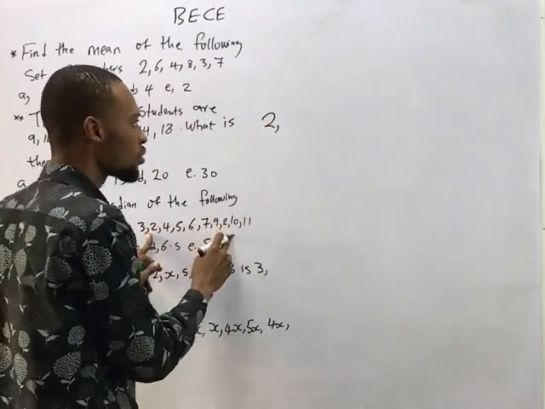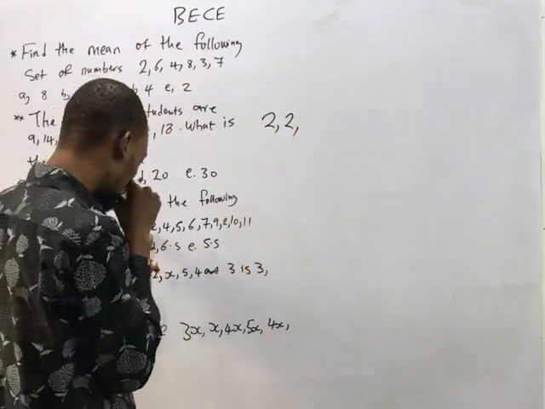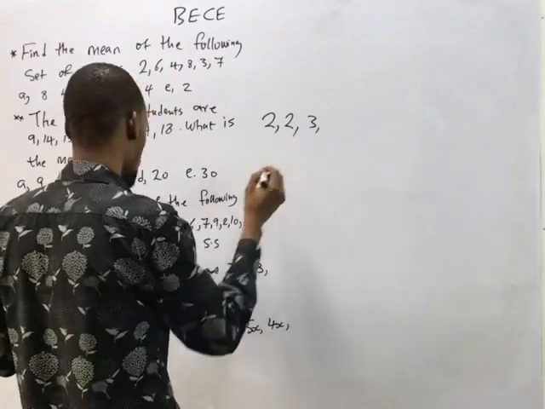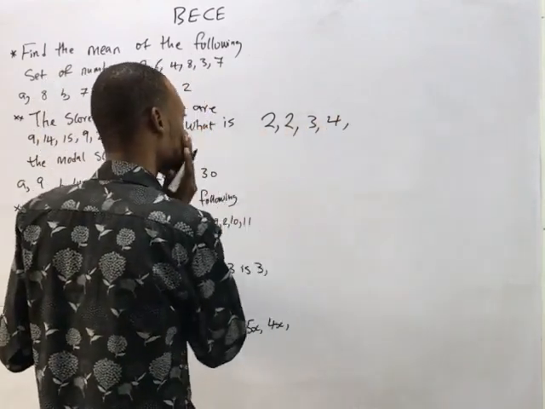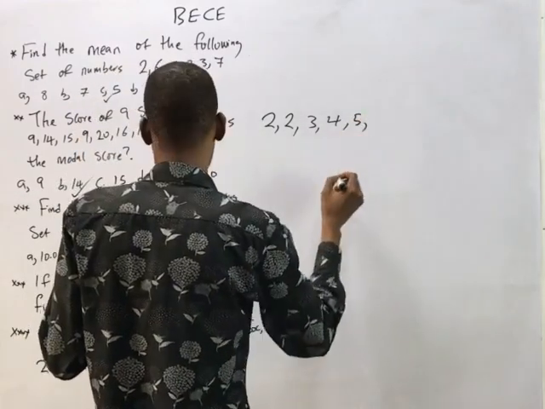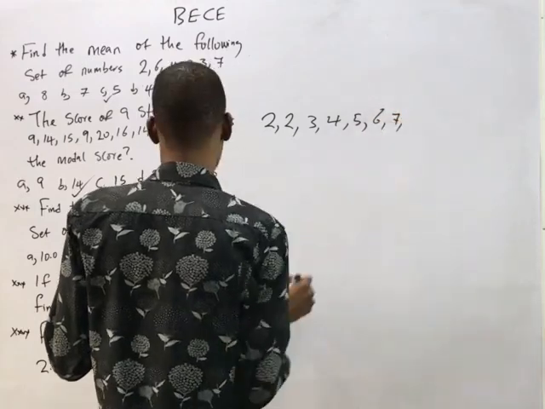We have another 2, so we put it. The next in order is 3. 3 appeared once. Then 4. 5 appeared once. 6 once. 7.